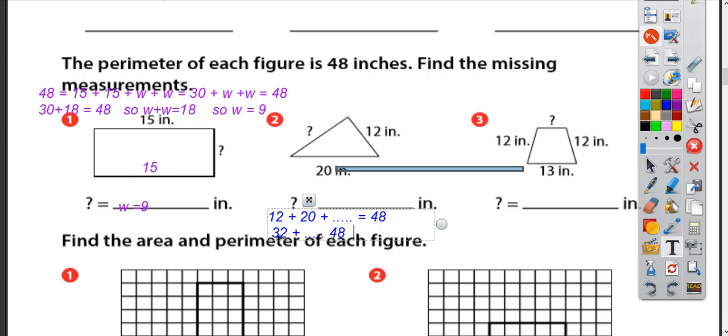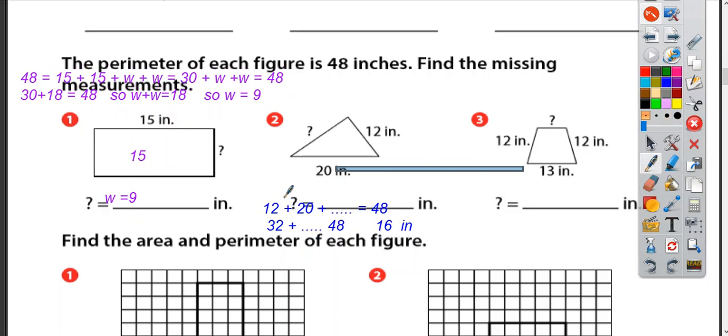So what would this be? 2 plus what is 8? 2 plus 6. And 3 plus what equals 4? It is 6. So this unknown length is 16 inches. 32 plus what will give you 48? Yes, it is 16. So you would write here that it is 16 inches.